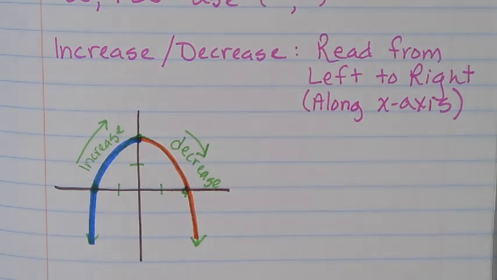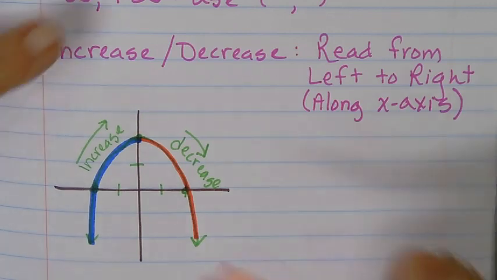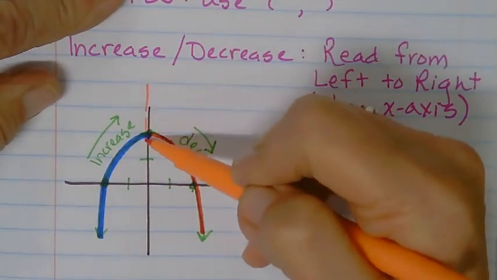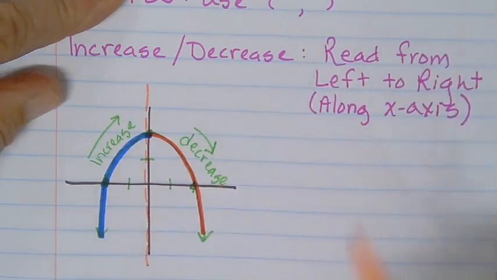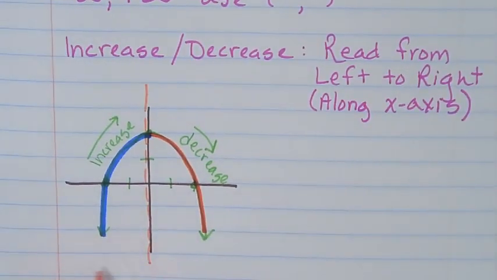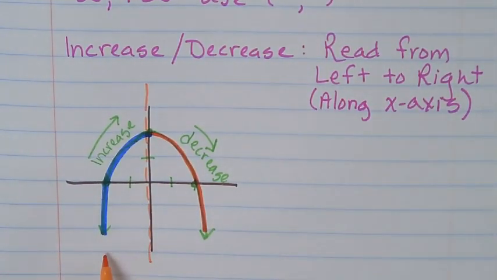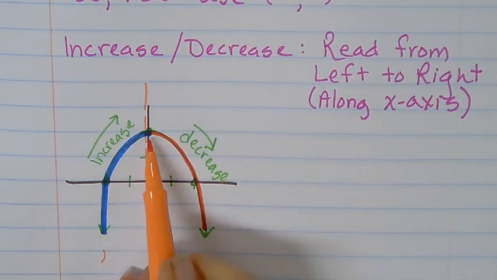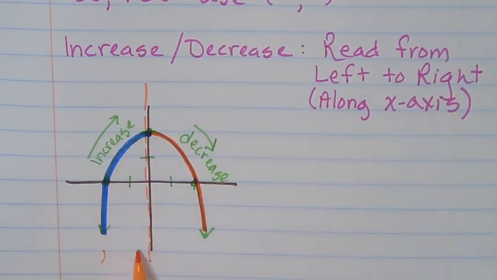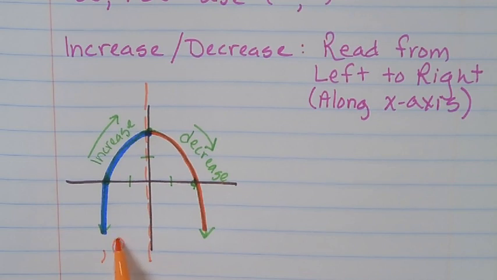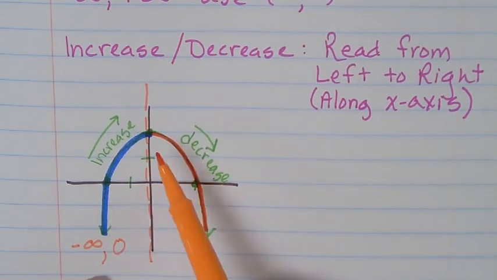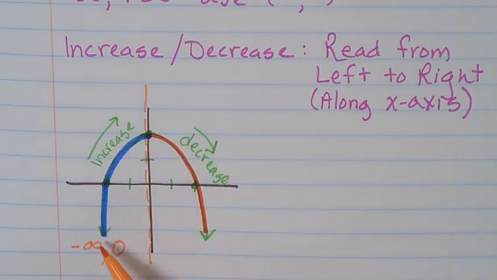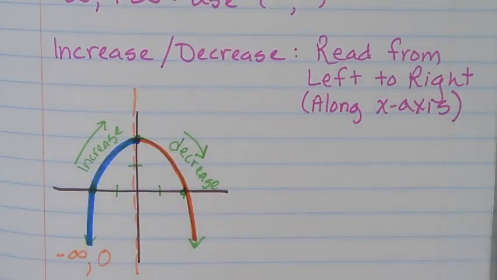So when we do that, this is the point, the area where it's changing direction, right? So in this section here, we are stopping along the x-axis at 0, and we are starting at negative infinity, because if this arrow keeps going down, it's going to keep going out further and further on the x-axis.